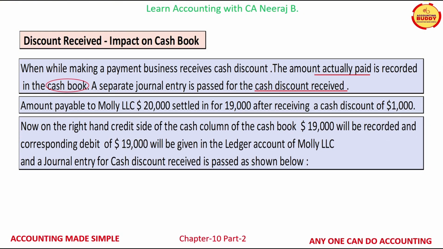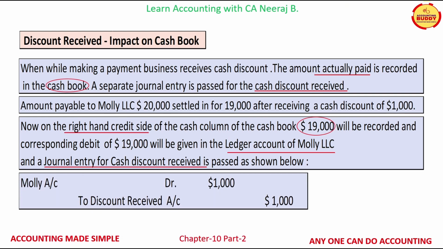Now on the right hand credit side of the cash column of the cash book, $19,000 will be recorded and the corresponding debit of $19,000 will be given in the ledger account of Molly LLC. And a journal entry for cash discount received is passed as shown below. Debit Molly account and credit discount received account for $1,000.